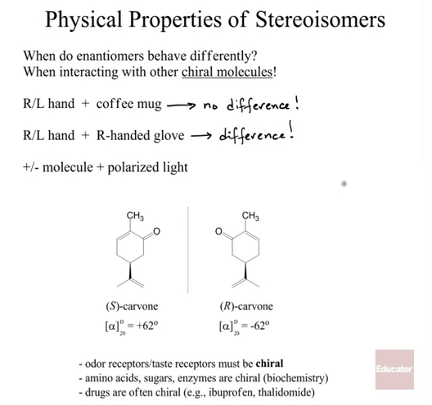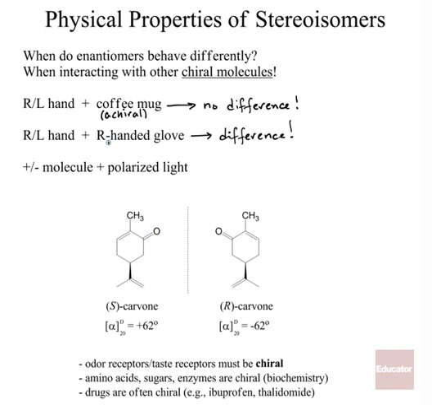So why is that? What's the difference? Why is one going to be indistinguishable and the other is going to find a difference? Well, that's because a coffee mug is a symmetrical thing. It is achiral. And because it's symmetrical, my right hand and my left hand are going to see the same thing when they try and interact and dock with that mug, if you will.